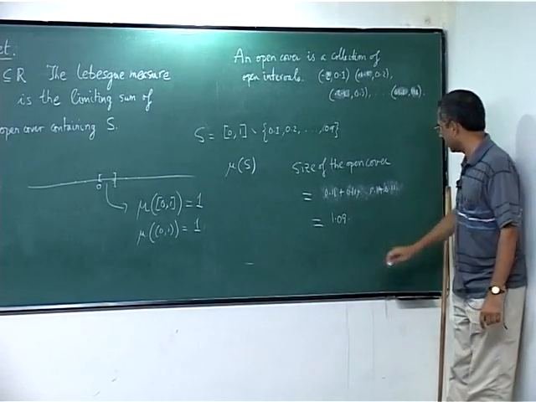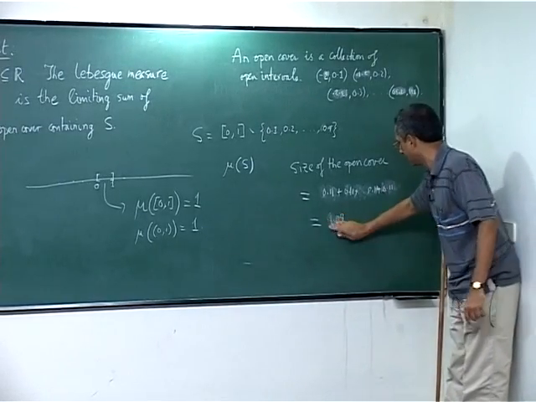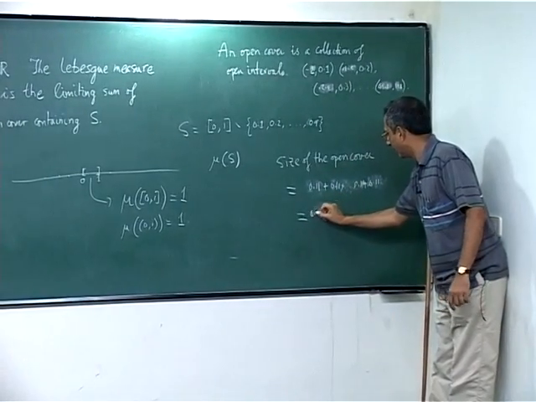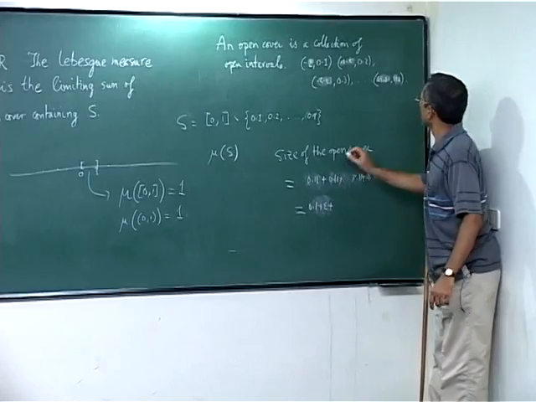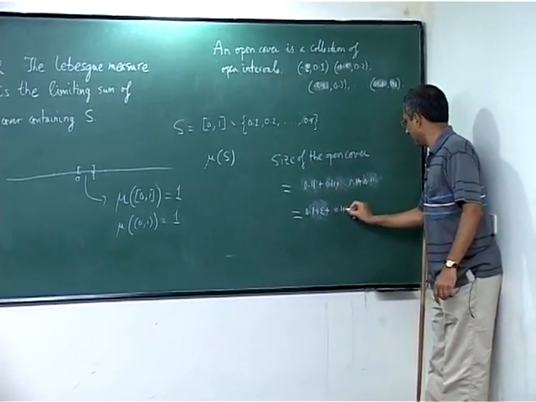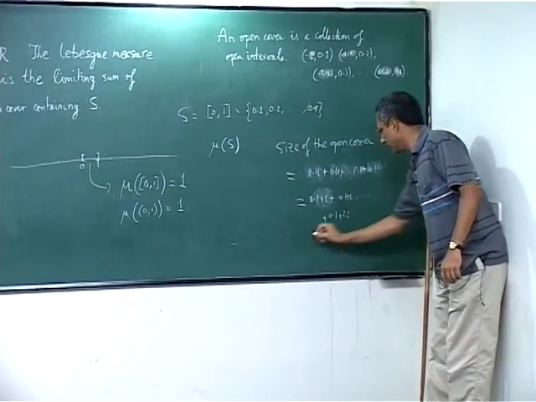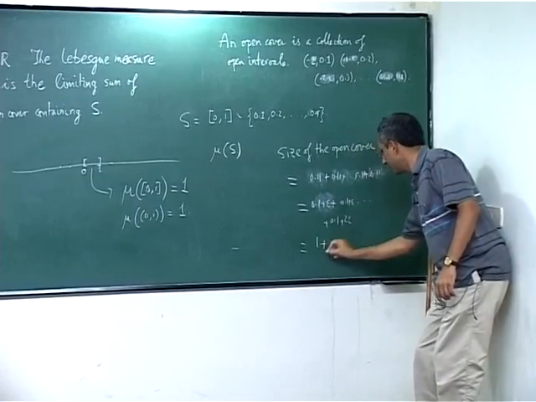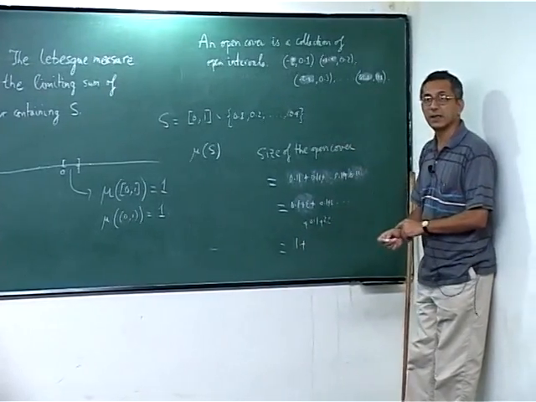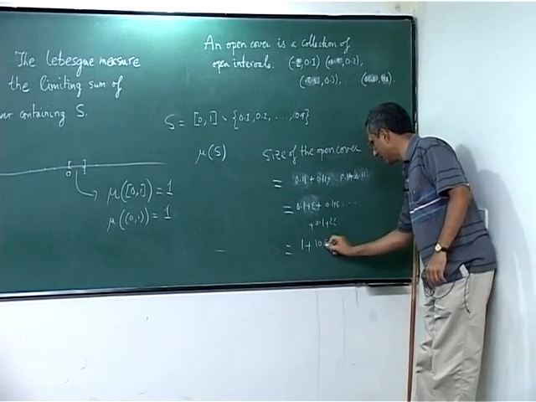The last one was 2 epsilon. So that gives me an overall length of 0.1 plus epsilon, 0.1 plus epsilon 9 times, and the last one is 0.1 plus 2 epsilon. So the overall thing is 1 plus something times epsilon, 9 or 10 times epsilon.